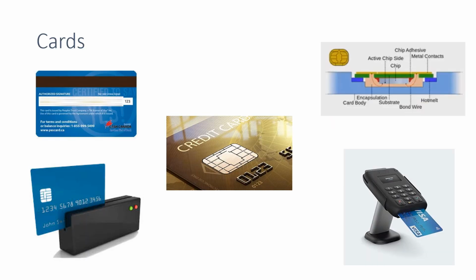Now, cards are another payment method which have mostly come from the West and have been a very popular method for decades. Cards have types or classes, and they have eligibility criteria, and based on the eligibility, a card is issued.